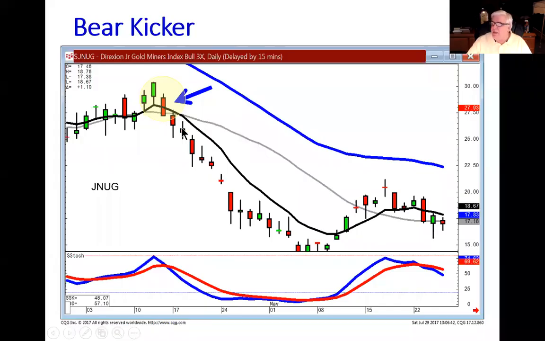Adding other indicators like our T line, which is a very powerful trend indicator, if we see the strongest sell signal, the bearish kicker signal, and a close below the T line, we can start shorting immediately, knowing that we're in a downtrend until we see a candlestick buy signal and a close back up above the T line.